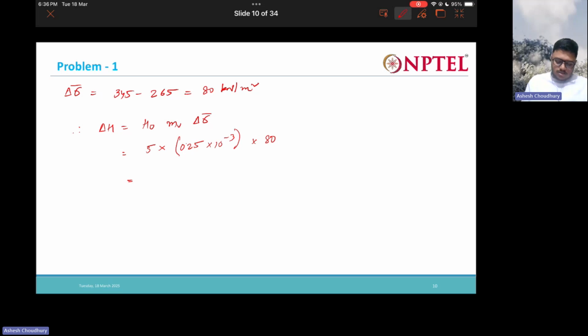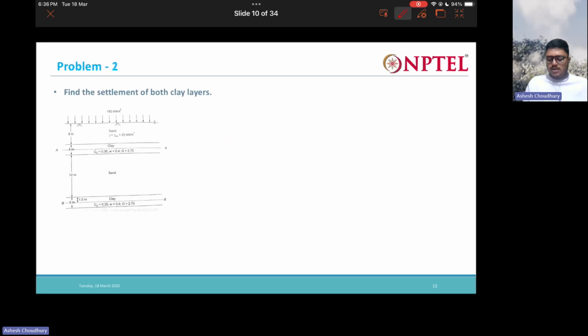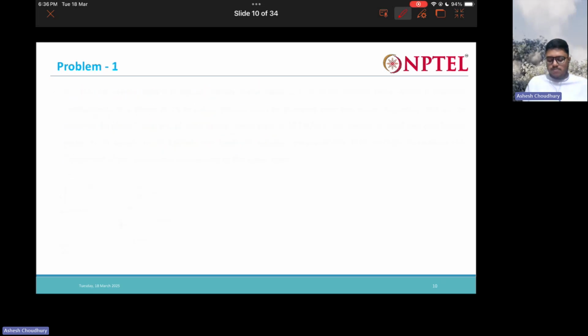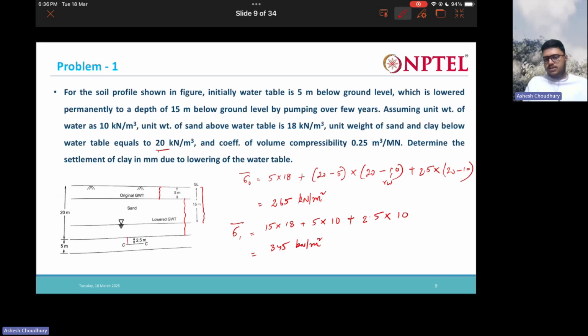This will come out as 100 mm. So this much settlement the clay layer undergoes due to the recession of the water table. I hope this problem is clear. It's very simple. We just need to calculate the stresses first, find the increase in stress, and directly use the relation between the settlement and the coefficient of volume compressibility.